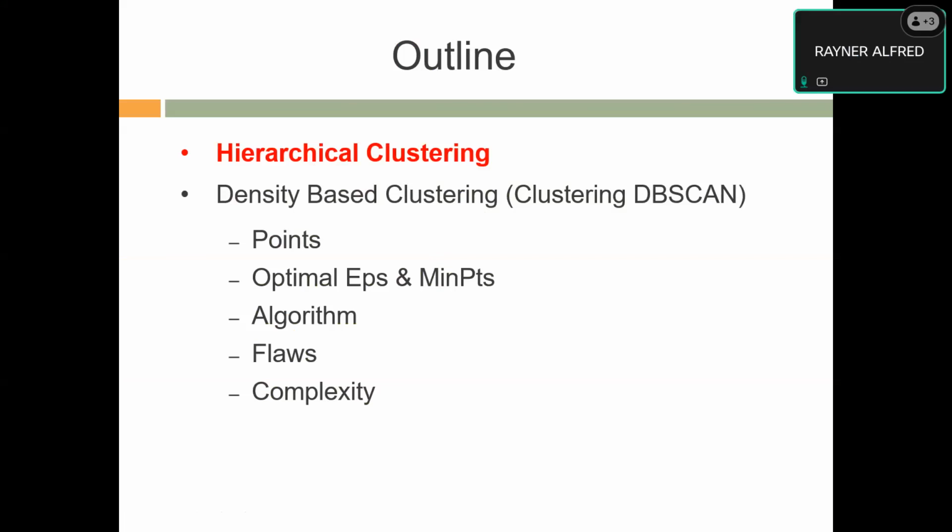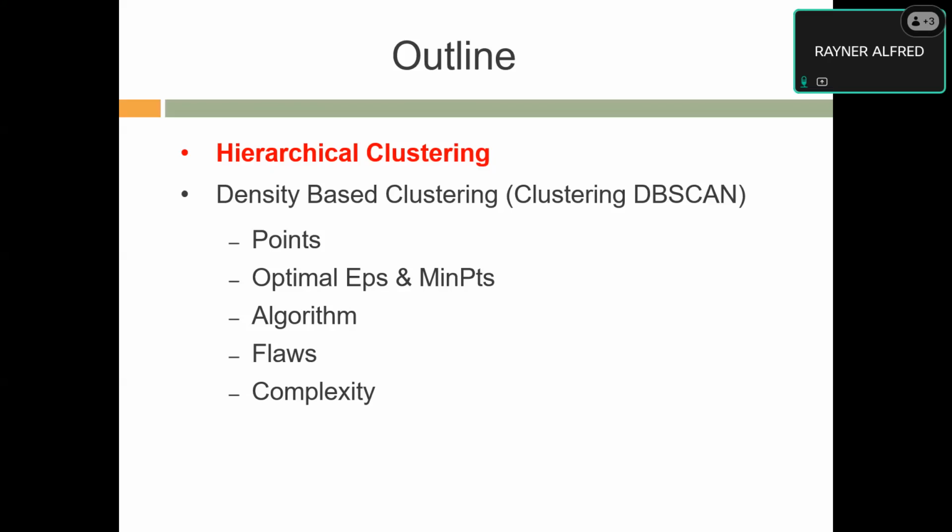The difference between hierarchical clustering and partitional clustering is that this type of clustering is formed by merging individual records that have similar characteristics. We keep merging the subclusters to become a bigger cluster until we form one big cluster.